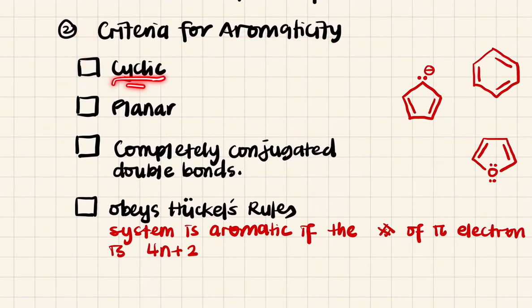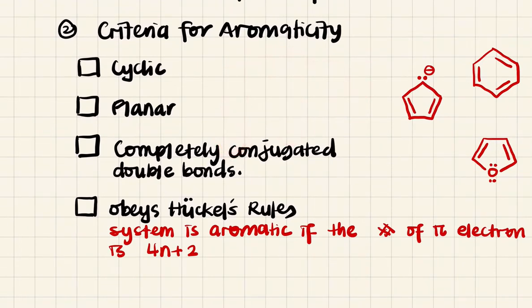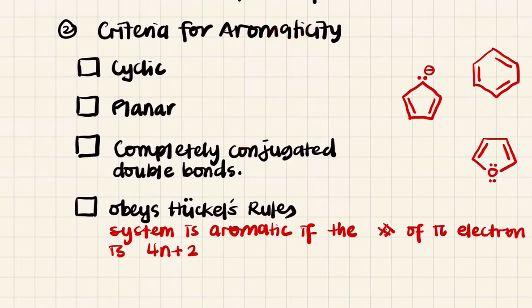They must be cyclic, maksudnya dia bersambung-sambung. They must be planar because awak punya electron tu akan berubah tempat dari one p orbital to another. Kalau dia bukan planar, maksudnya dia boleh rotate, awak punya electron tak boleh masuk dalam p orbital sebelah.